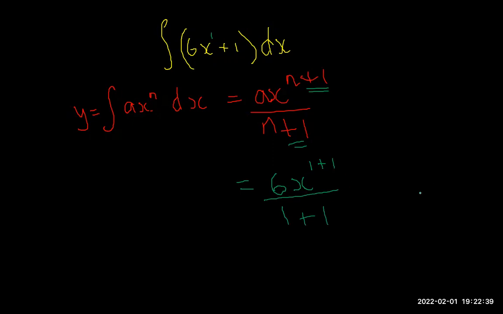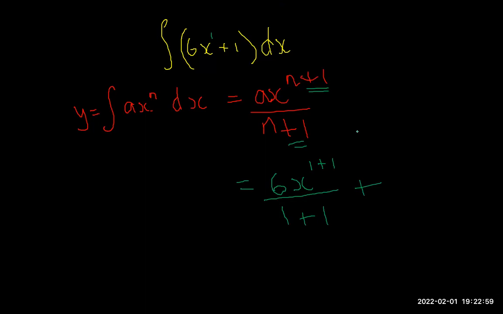But I told you that we have to integrate each term individually. It's a rule that we're going to learn about soon, right? So plus, and I'm integrating this individually. Just like I did here, I follow the rule and I integrate 1. So how exactly do I do that?